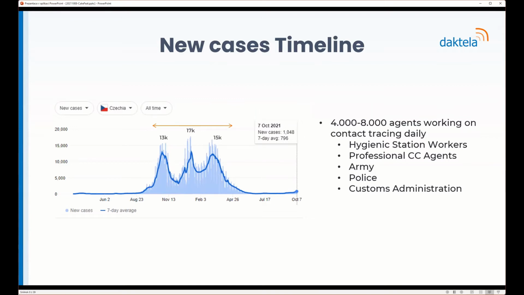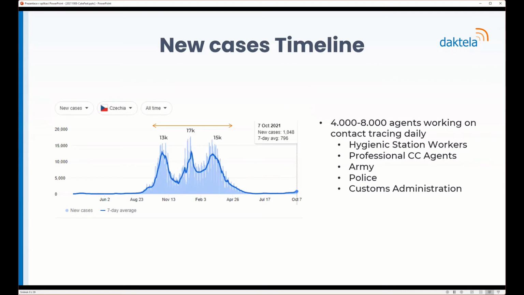And this pool of agents consisted primarily of the hygienic station workers, which is around 2,000 people, and they are the main backbone of the fight against epidemics and pandemics. We've also had implemented professional call center agents, so that the government has been able to hire professional contact center people to help them with the calling activity.